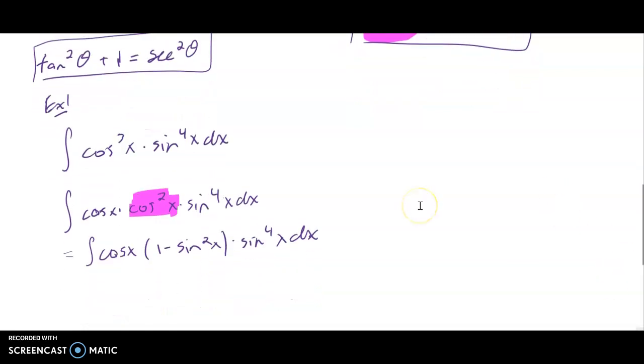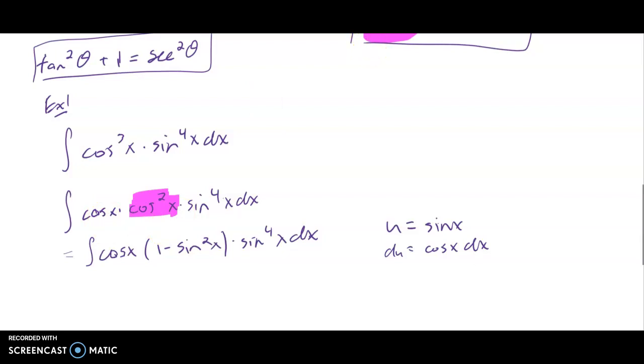All right, so at this point, I can start using u subs. Notice I've got sine squared x and sine to the fourth x, and I've got a cosine of x. So what I'm going to do is let u equal sine of x, and then my du is equal to cosine x, and I'll write the dx, although oftentimes we just leave it off, but it's there.